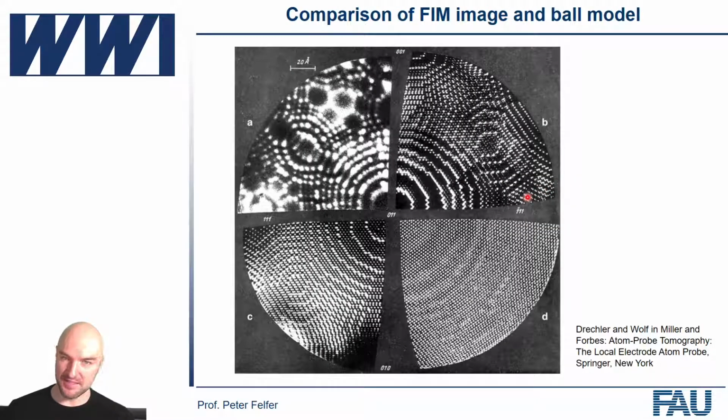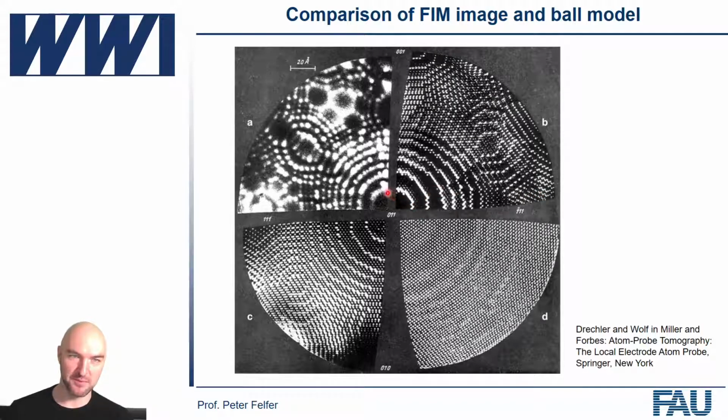These departing ions present a very nice image. It's actually demonstrated here. This is from Drexler and Wolf, a very old image that you can find in the book by Mike Miller and Richard Forbes. This is a field ion photograph, and here this is just a ball model that they've put together.